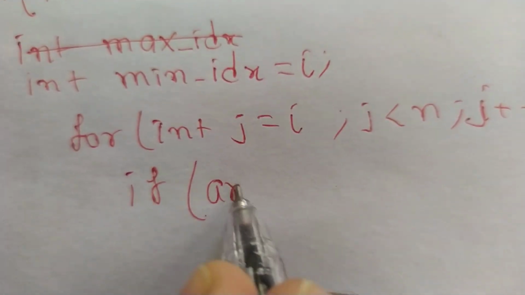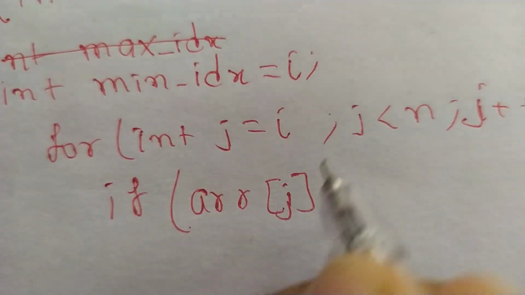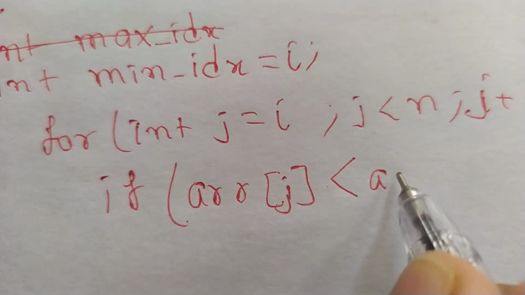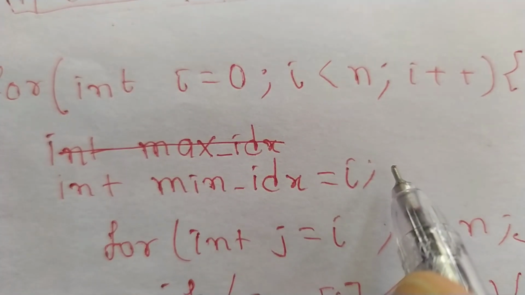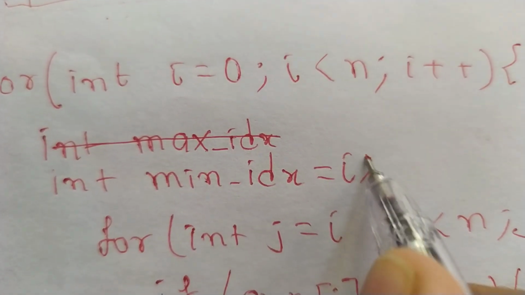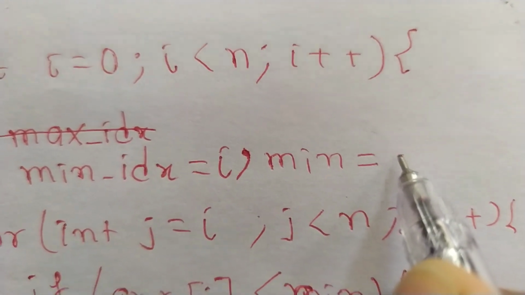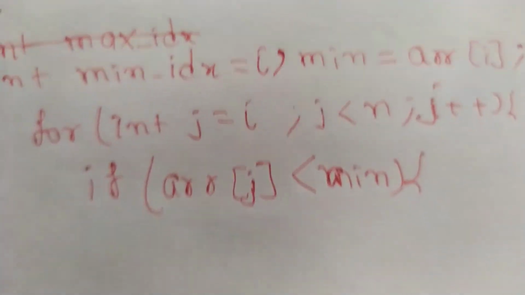If the array at position j is found to be smaller than our min element. What is our min element? Let's define another variable also. min equals array[i].